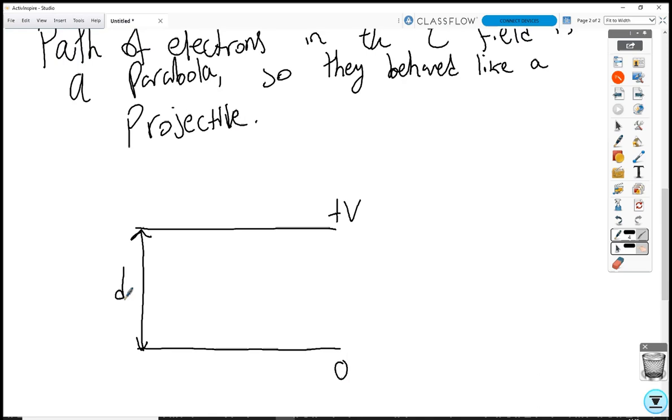We know that the force experienced is EQ, and this is vertically. We know that there's constant velocity horizontally.